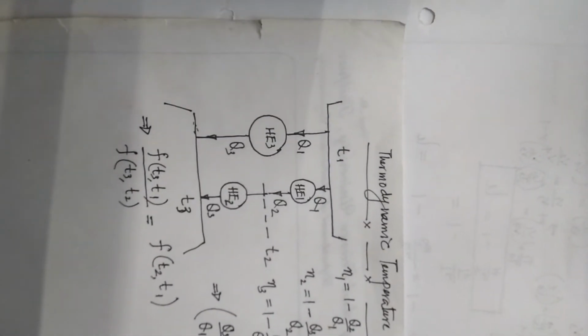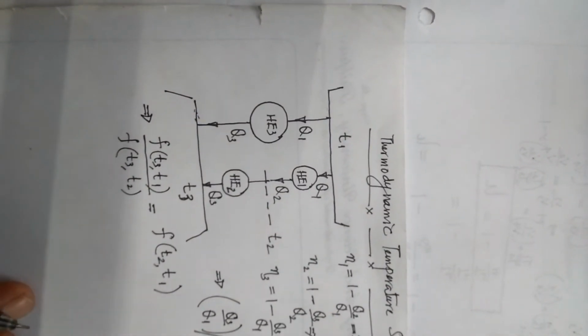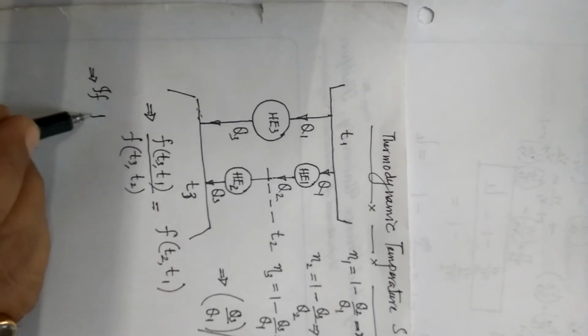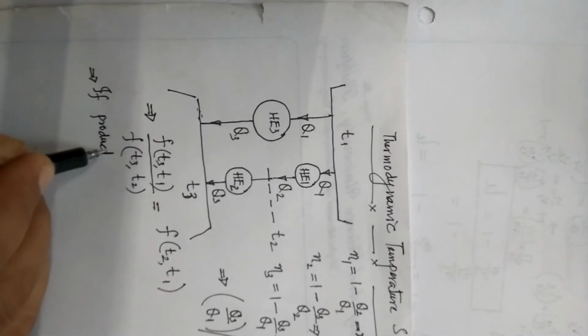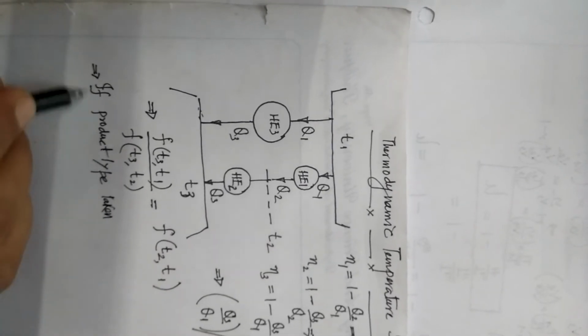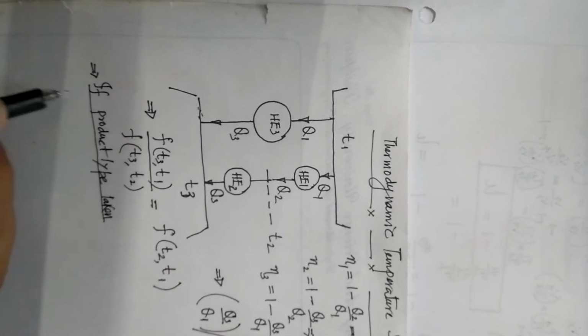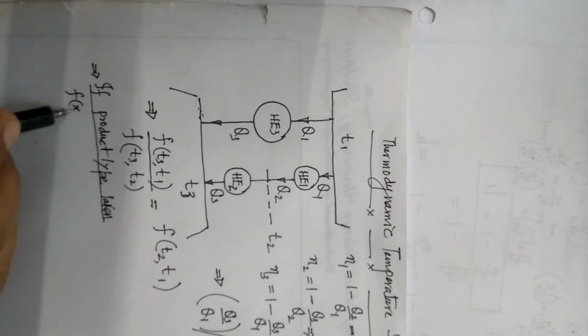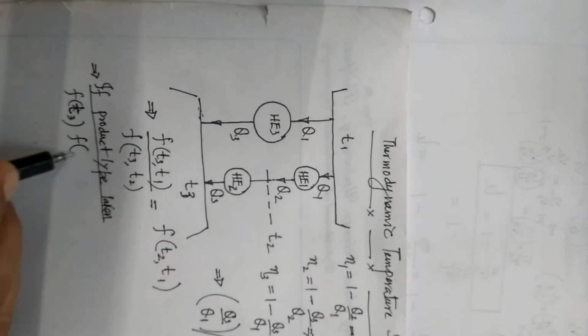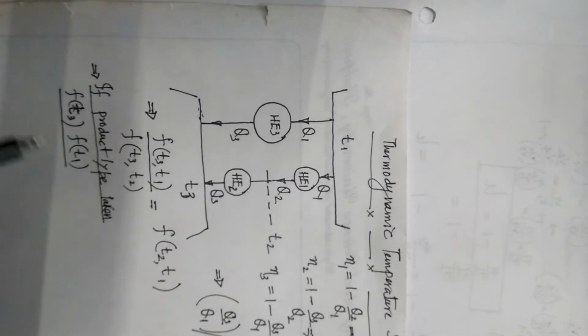If we take the product type, you can see if I say fxy is equal to fx into fy, then from here what do we see? If product type is taken, then this becomes f of T3 into f of T1 divided by f of T3 divided by f of T2.